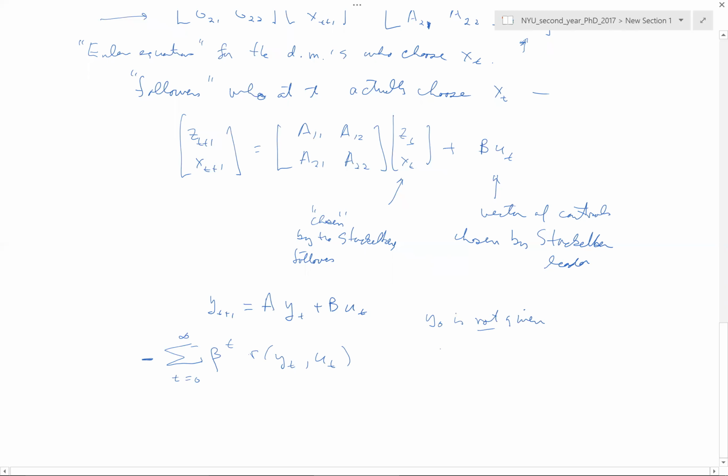What is given is this; this is given, this is not given. Okay. So here's the government's problem. We're calling the Stackelberg leader the government.